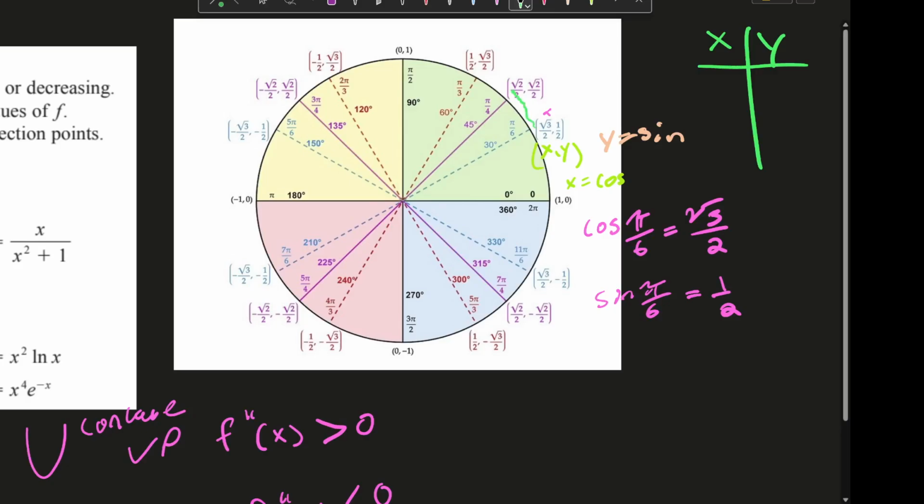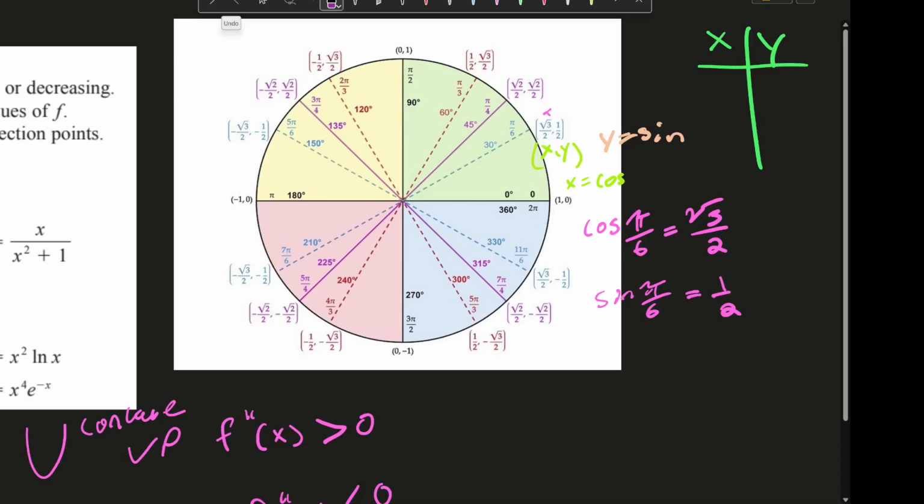You can see they repeat, and in this section your x coordinates are negative, and this section as well, and on the other half of the circle the x coordinates are positive. And for the sine function, the y coordinates are all positive here, and down below, on the bottom half of the circle, they're all negative.